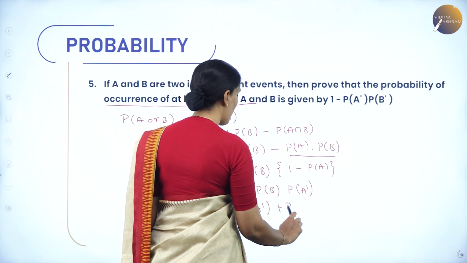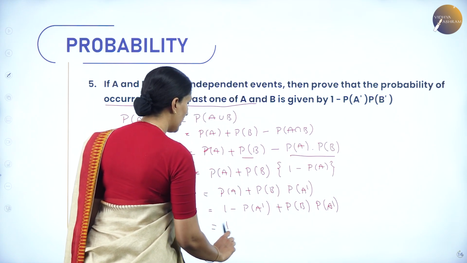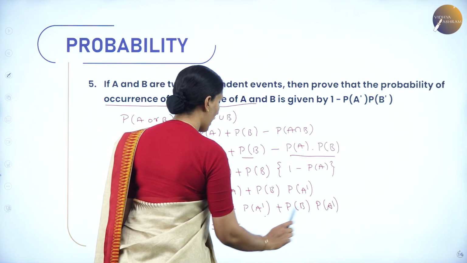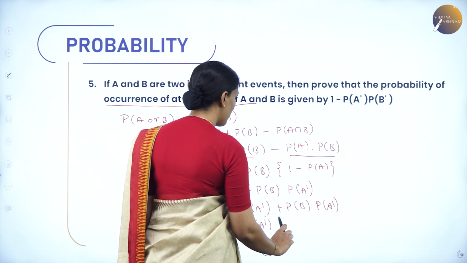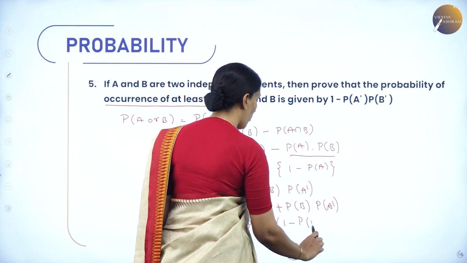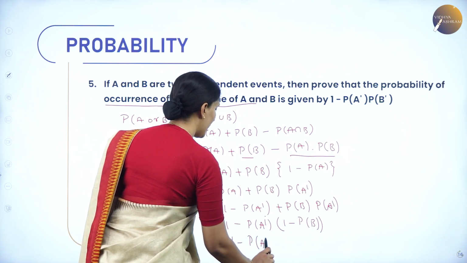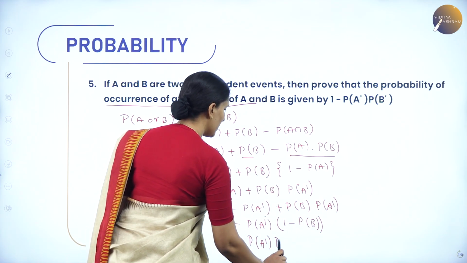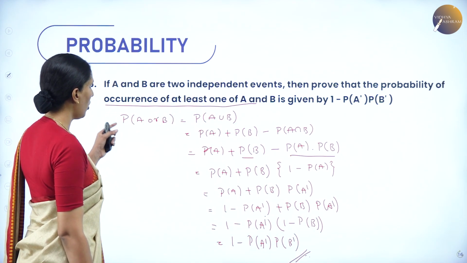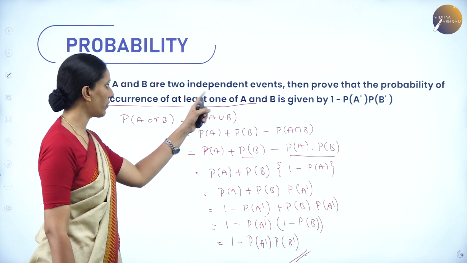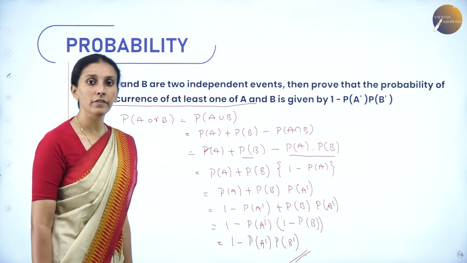So plus probability of B, probability of A dash. Now again, take the minus outside. We can take probability of A dash as a common factor. Then here I am left with 1 minus probability of B. Now here I have 1 minus probability of A dash times 1 minus probability of B, which means 1 minus probability of B dash. So therefore, probability of the occurrence of at least one of A and B is given by 1 minus P of A dash, P of B dash.